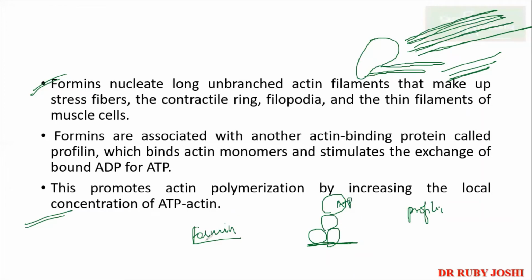ARP2/3, this complex helps in the branching of the actin filaments. So right now what we have learned is about the long stretch of unbranched actin where formin, profilin is present. For branching we need ARP2/3 complex. Is this much clear?